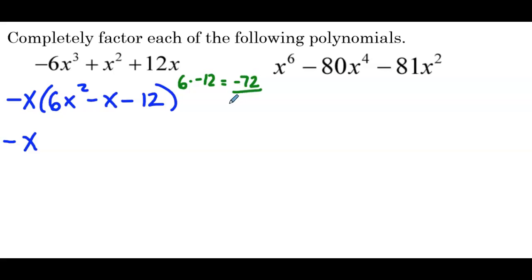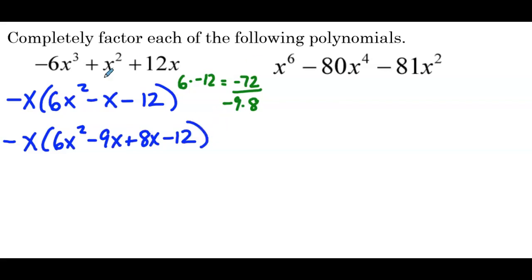Well, let's see, if I make 9 negative and 8 positive, that would give me negative x when we distribute. Okay, so that works. So we'll rewrite our trinomial with 4 terms now, so 6x squared minus 9x plus 8x minus 12. We can group the first two terms together, second two terms together.